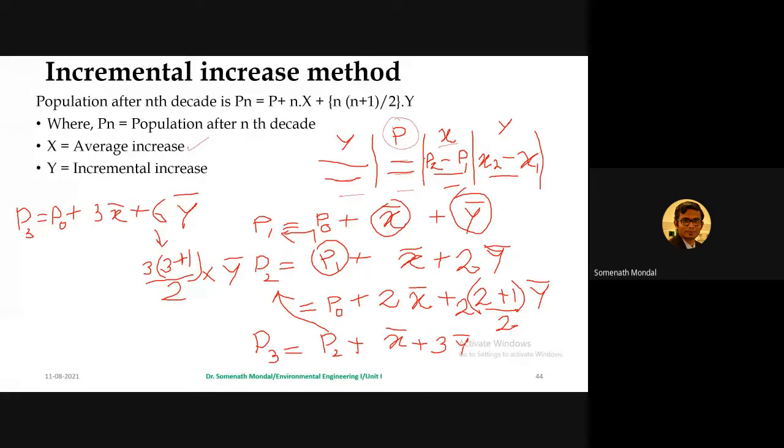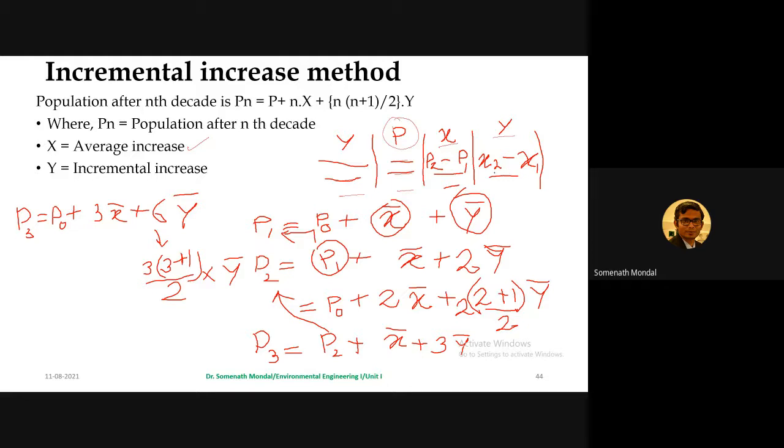In the case of the incremental increase, we say x2 minus x1. So in this case, the first two cells will be vacant.